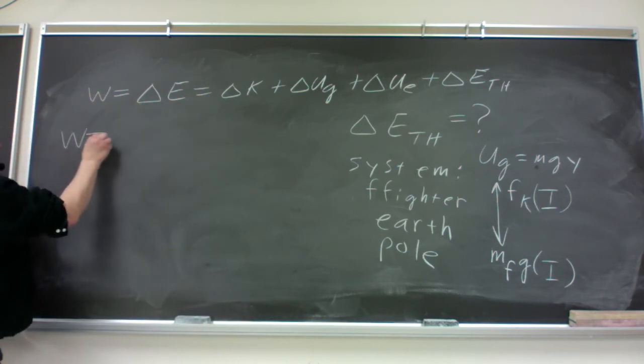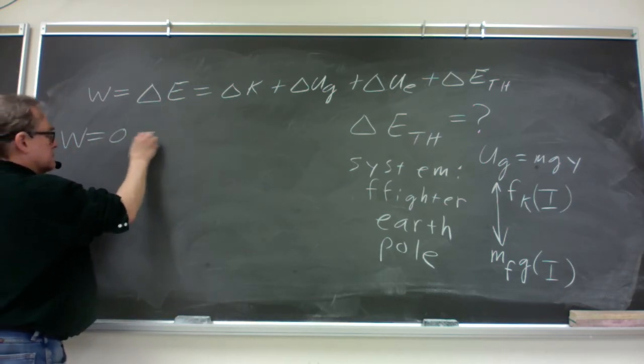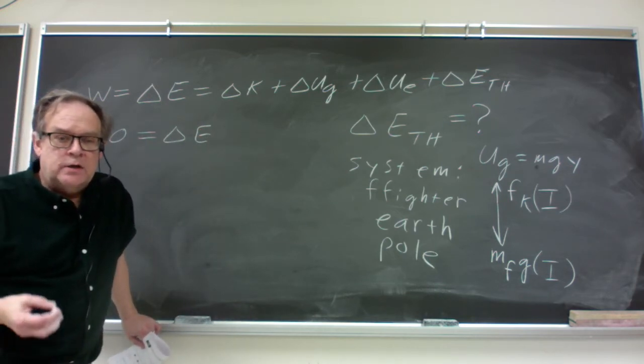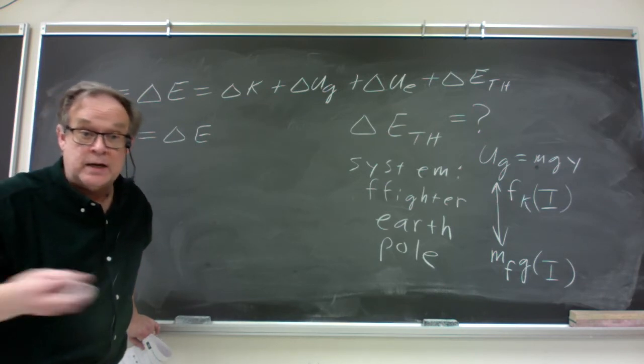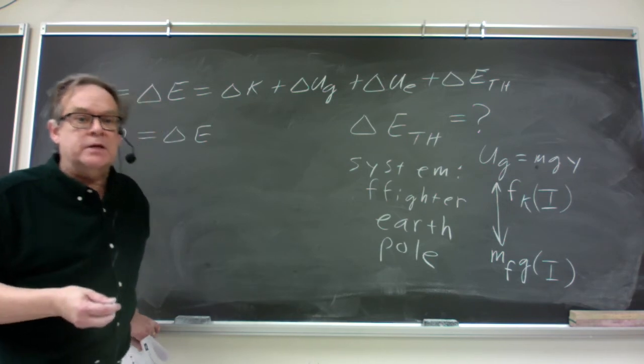The work done by all the external forces is zero, which means there is no change in the system's energy. The system's energy stays constant, or the system's energy is conserved. Constant, conserved, whatever word you want to choose, they mean the same thing.